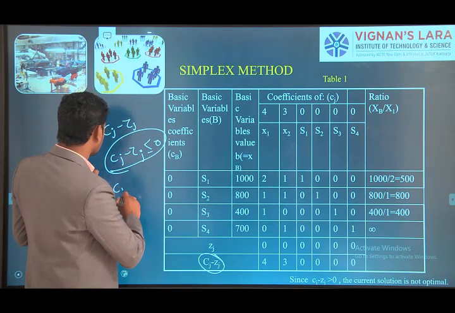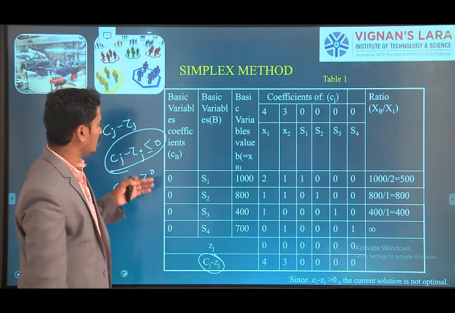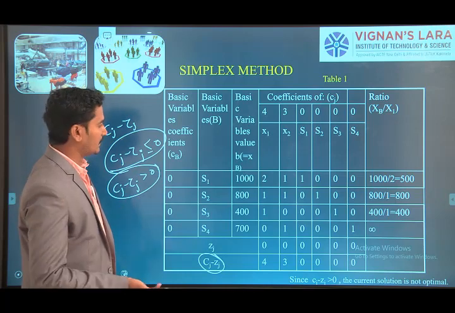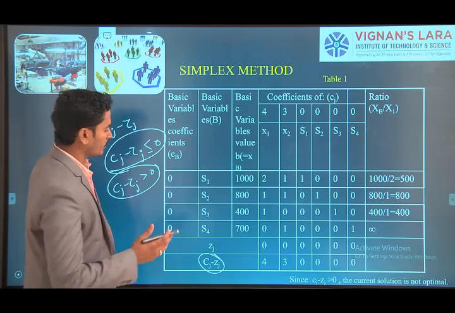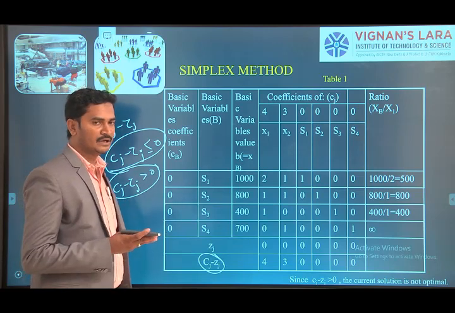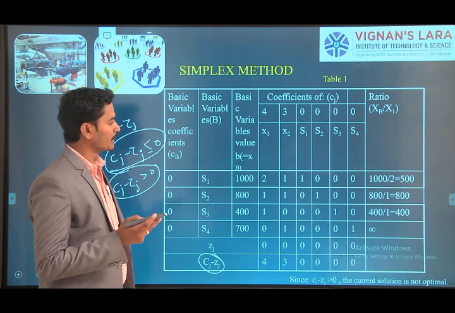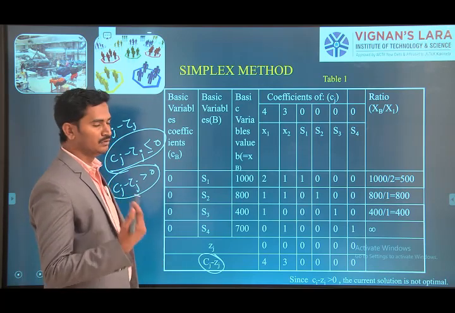If we have Cj minus Zj greater than 0, the solution is not optimal, and we go to the next iteration. For the next iteration we have some rules: we identify the key column, the key row, and the key element. Based on that we develop the new basic feasible solution.